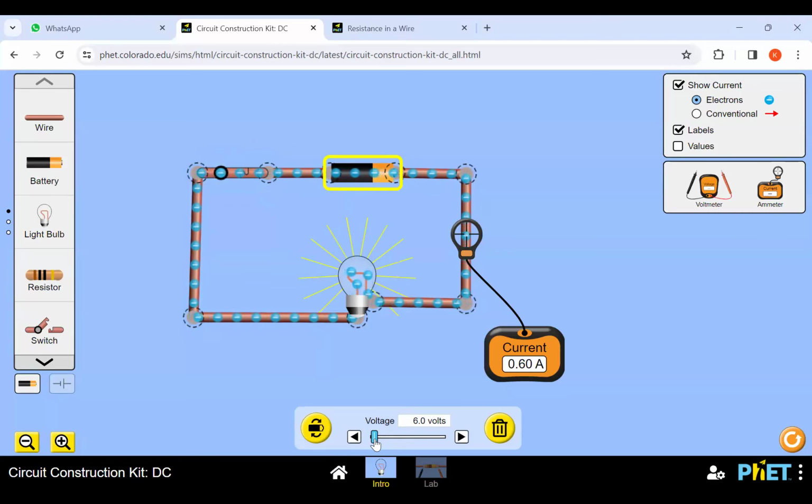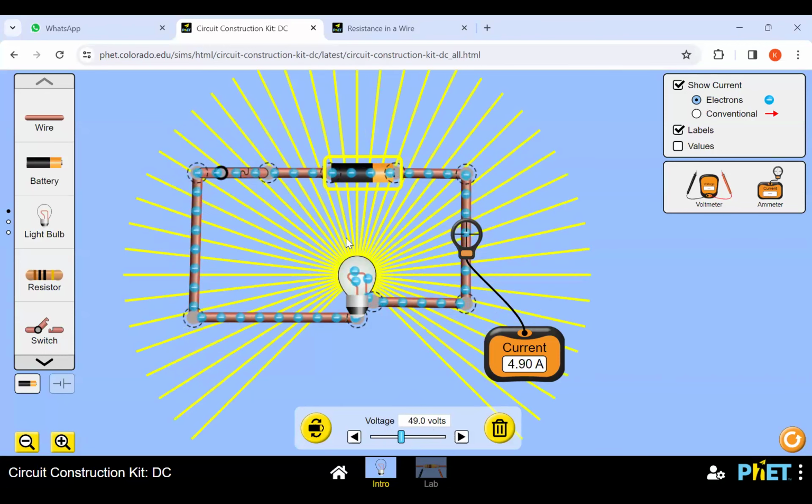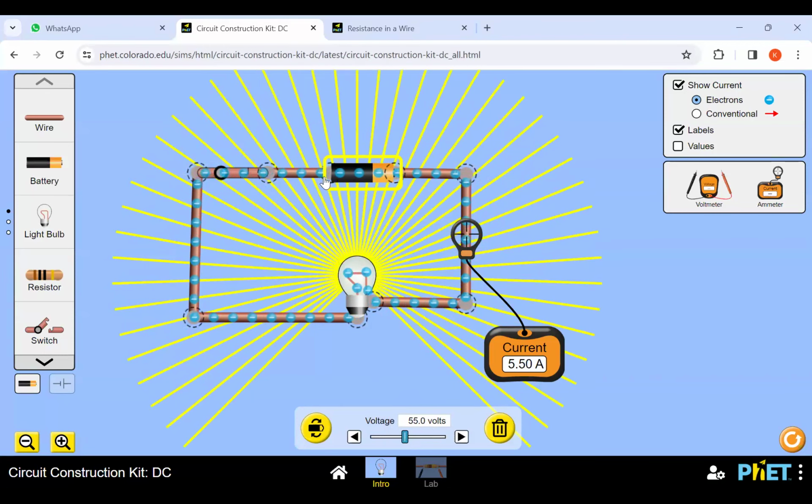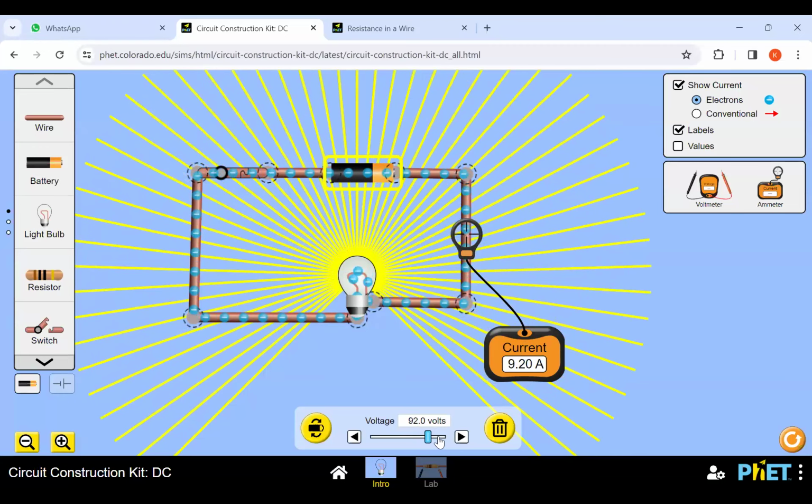Okay, if we increase the voltage of the battery, means I'm providing more energy to each charge. Okay, you can take a look. As I provide more energy, now it's 55. That means every 1 coulomb of charge that passes through, I'm going to give it 55 joules of energy. So with a higher amount of energy, this charge will move faster and the current will be higher. The charge will move faster because of more energy.